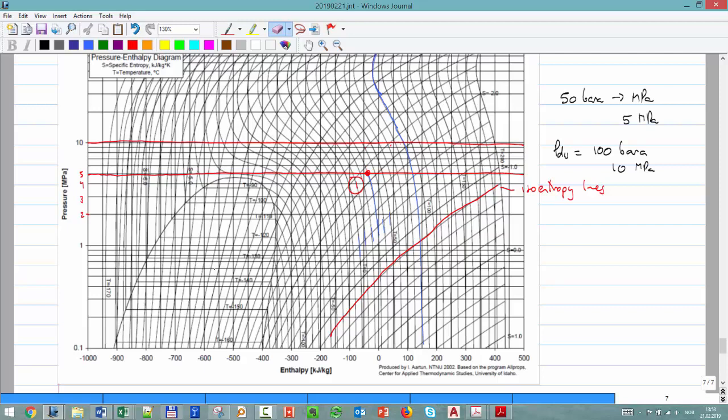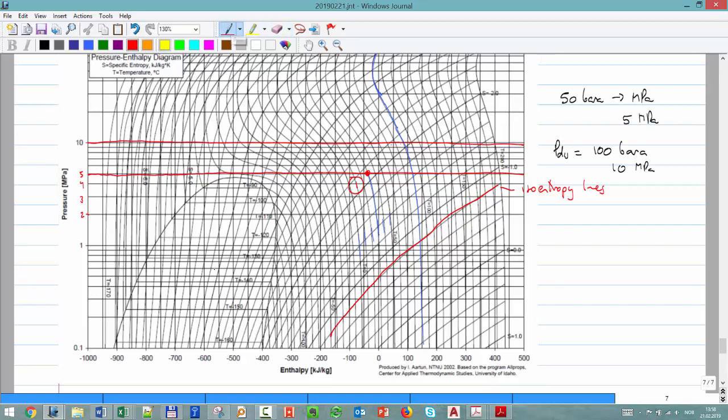The most efficient way to use all the energy, the best way, is simply to make it isentropic. It means there are no losses, no irreversibilities. I make the ideal, perfect process to compress that gas. So what is the isentropic path on this chart? Remember we have these isentropic lines.